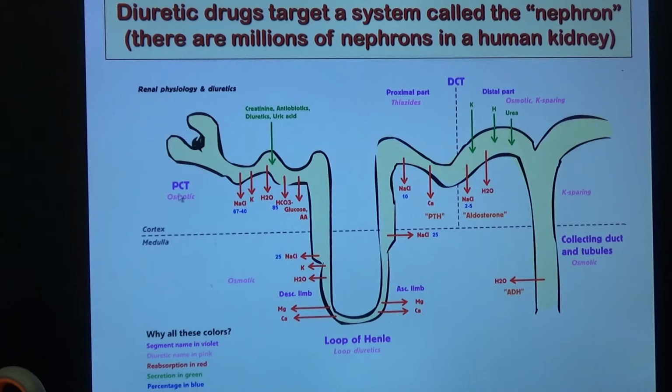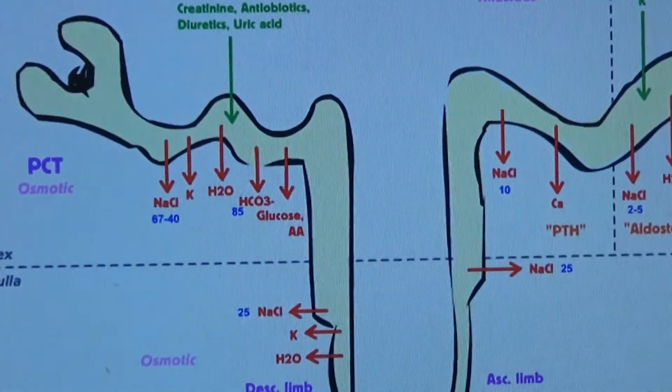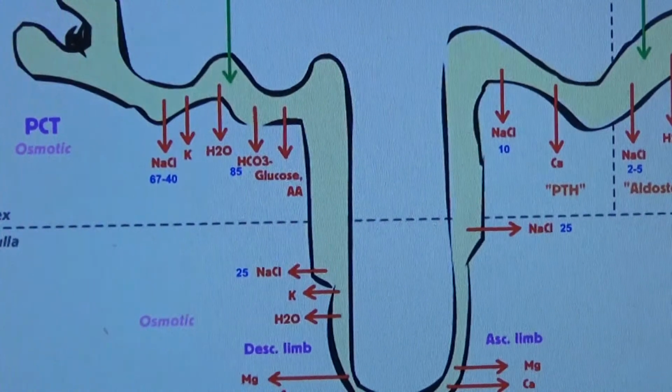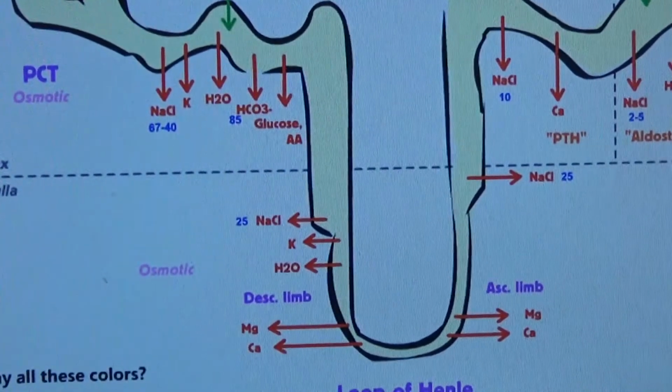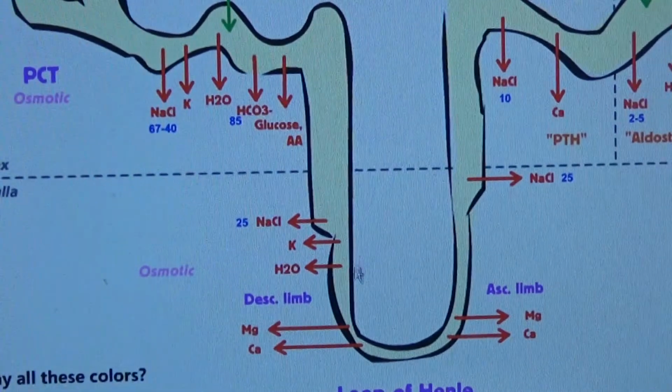And along the way, as blood and fluid gets pushed through this system, various ions and things like amino acids are transported back into the system. Okay, and we're basically trying to reuptake different things: ions, potassium, sodium chloride, water, amino acids, and things like that.